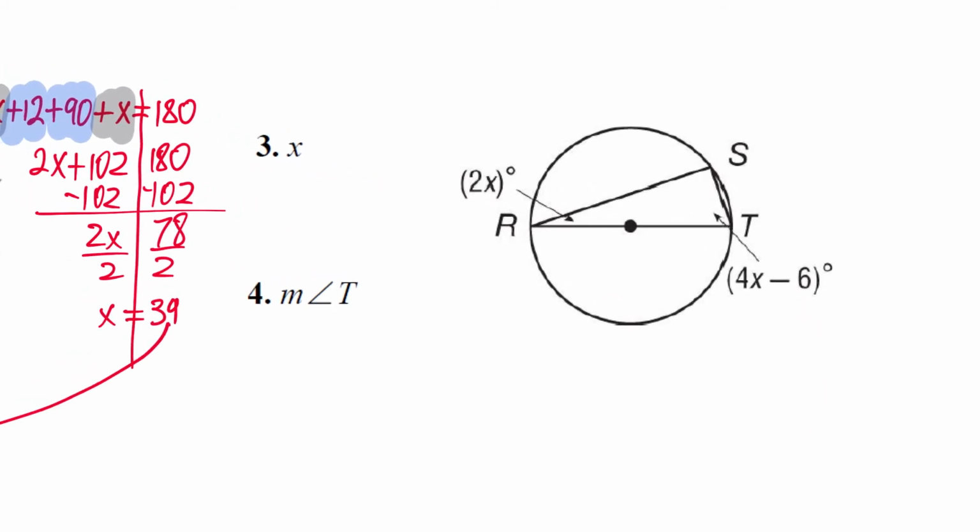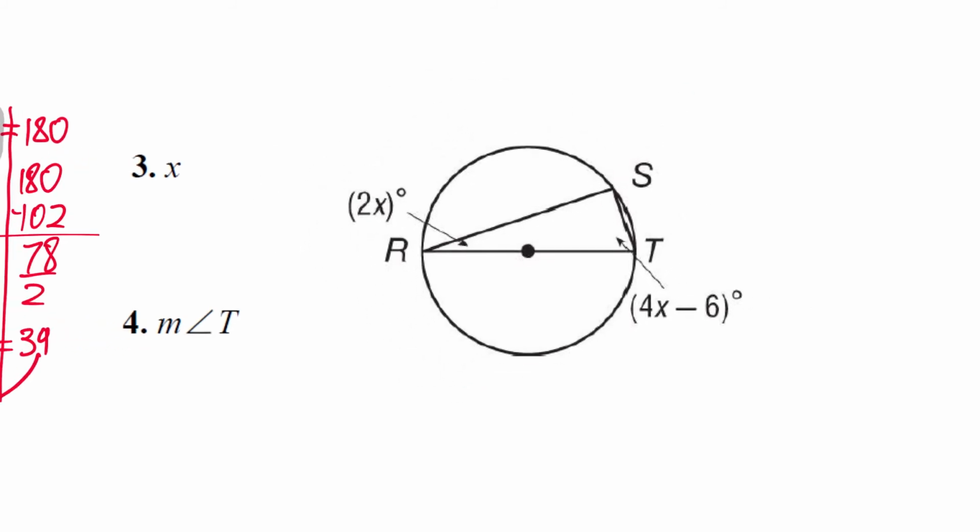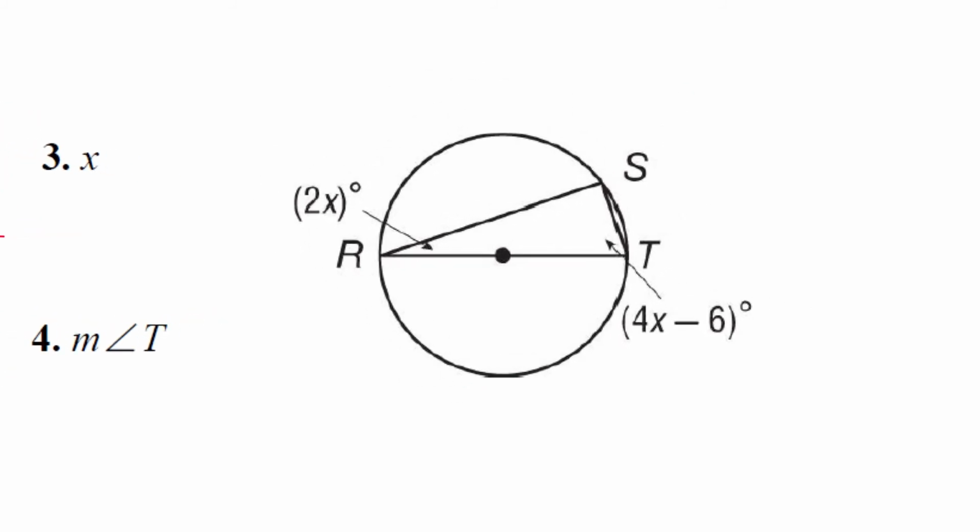Okay, solve for x on number 3 there real quick. Okay, so how big is angle S? 90. It's 90. So 2x plus 90 plus 4x minus 6 equals 180.